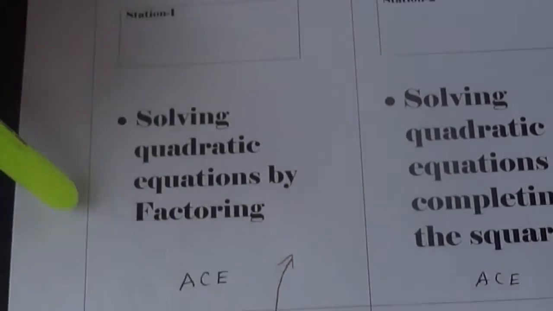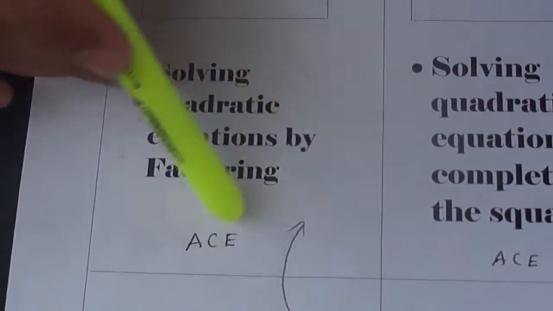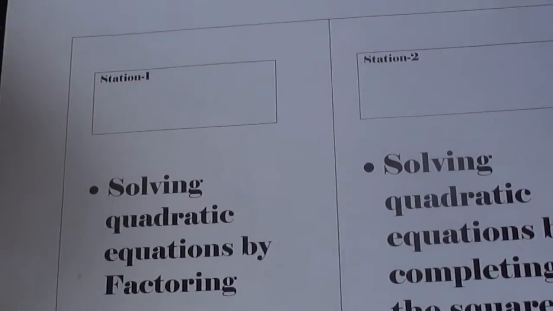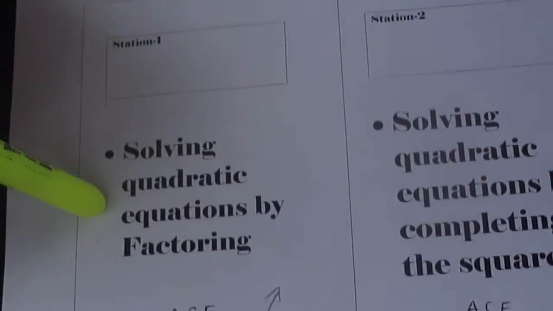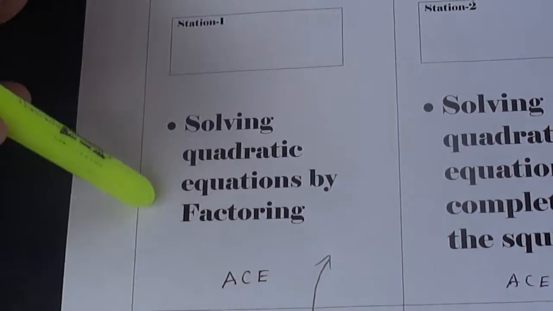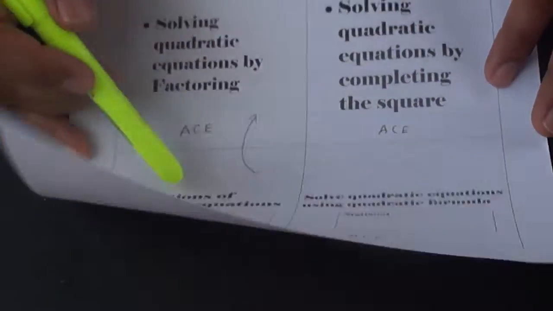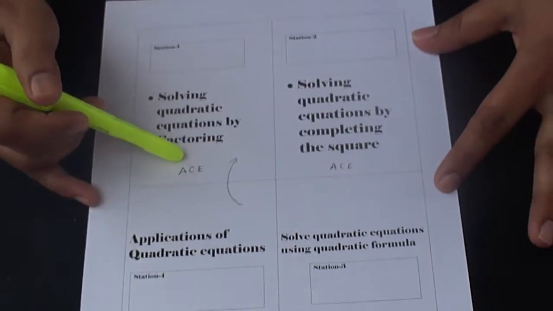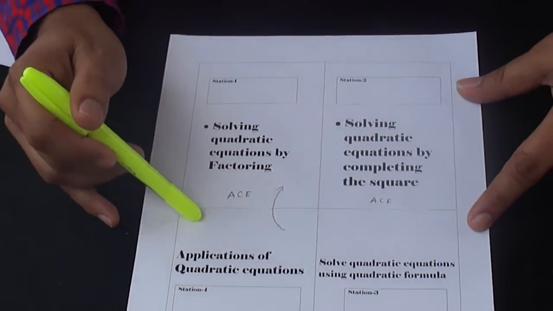And for the second day, I need to change the assignment for the first station, because the fourth station students already practiced it, so I have to provide them more challenging questions. So I have to keep it for 4 days so that everybody gets a chance to practice each skill.